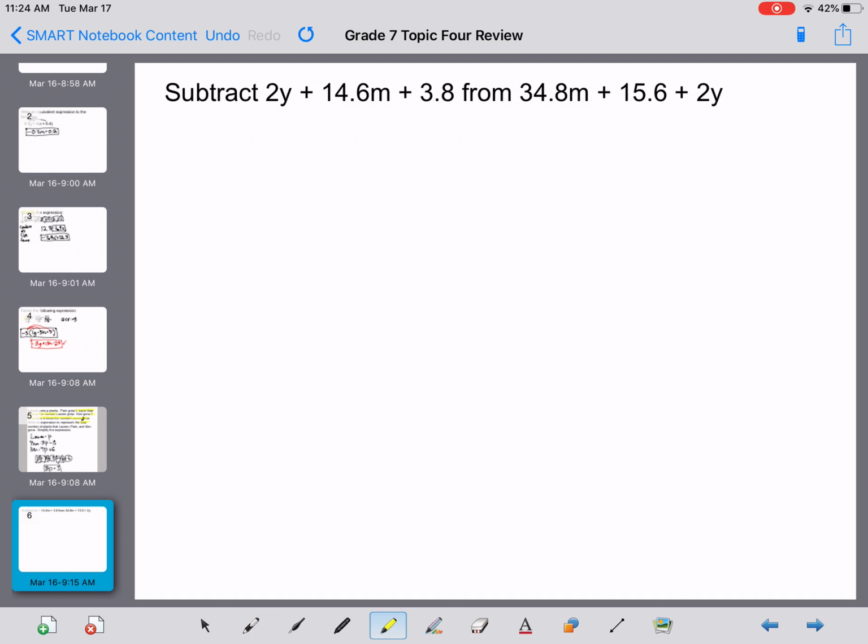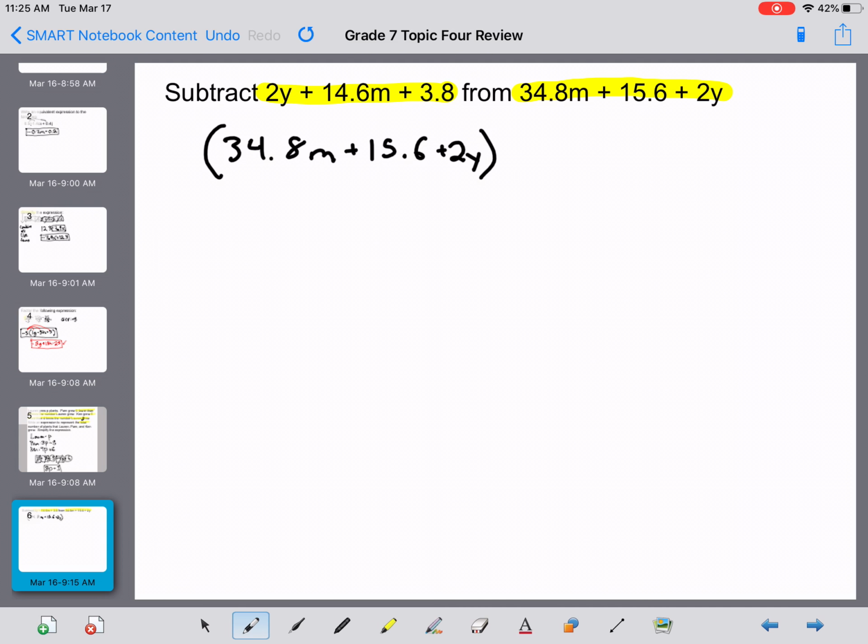We are subtracting this 2y plus 14.6m plus 3.8 from this 34.8m plus 15.6 plus 2y. That means we are starting with the 34.8m plus 15.6 plus 2y.